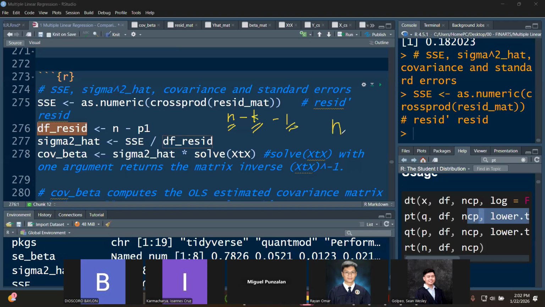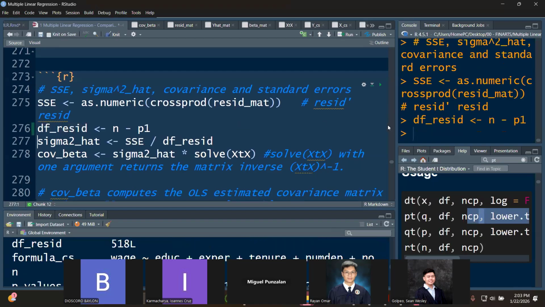Okay, so we just use here n minus p, because we let p, class, be the number of predictors, including the intercept. All right, so let me remove this. Okay, so let's get this, class, n minus p minus 1.